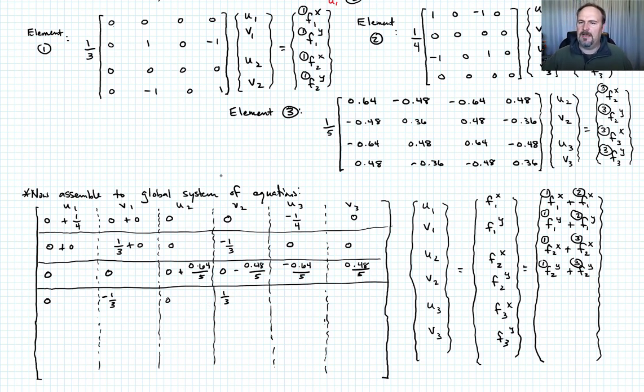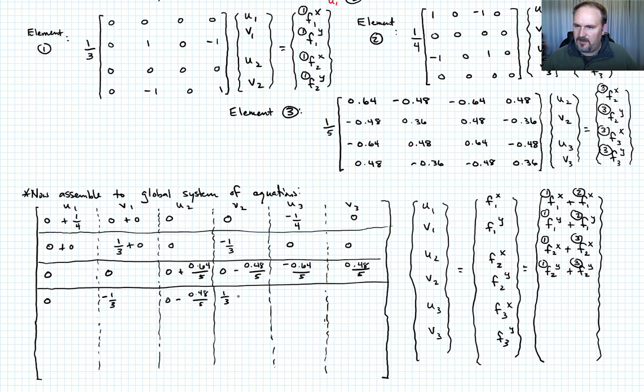So now I'm actually done. I've used up all of my nodal degrees of freedom from element 1, so I'll never come back to that again. But I go to F2y of element 3, which corresponds to the second row. And those, remember, are in the U2, V2, U3, V3 columns. Nothing changes in U1 and V1, but now this term becomes negative 0.48 divided by 5.